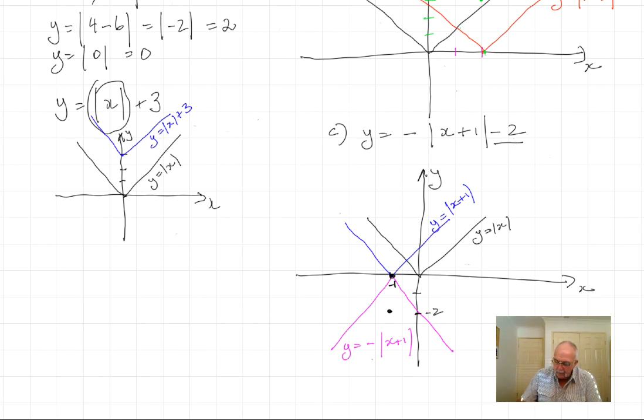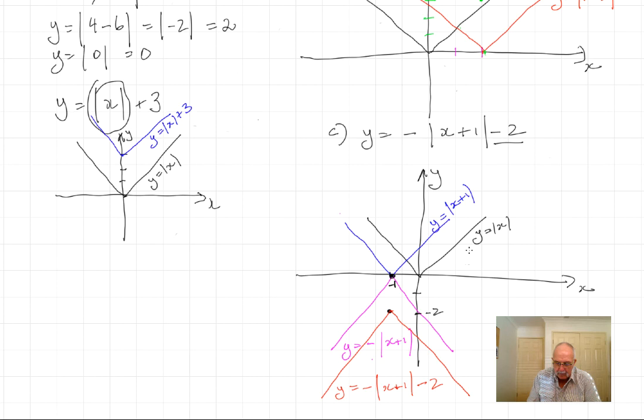So we'll get one more colour going here, something that you can see. So we'll go a red. And this is y equals negative absolute value of x plus 1 minus 2. Okay, so it's good to show all the different transformations, the steps.